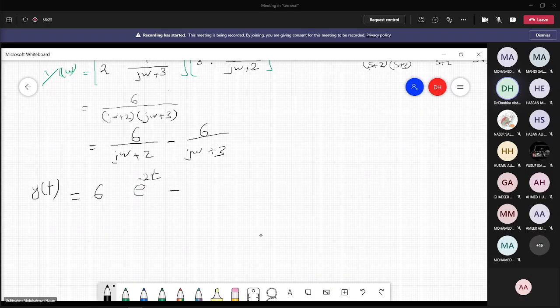Similarly here, we can take the 6 common, so this is equal to e to the power of minus 3t, all multiplied by u(t) as a common factor.